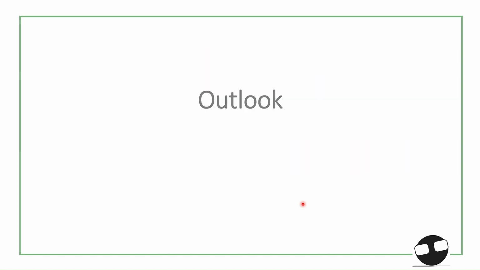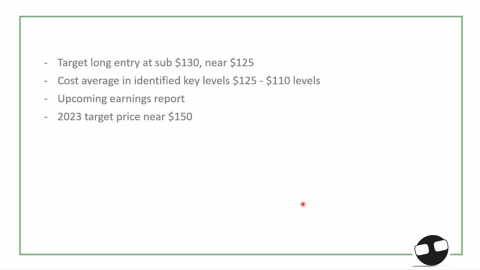So what's the outlook of Mabuhay Fund? The target long entry is around 130 near 125. We saw the resistance of around 140, but the support is around 125. So I think that's ideal for the fund to be exposed in Apple, and cost averaged in identified key levels, in the range of 110 and 125.